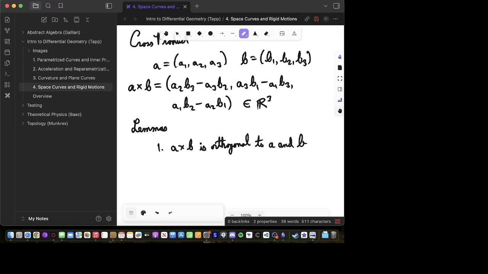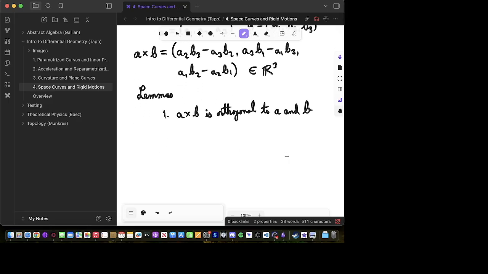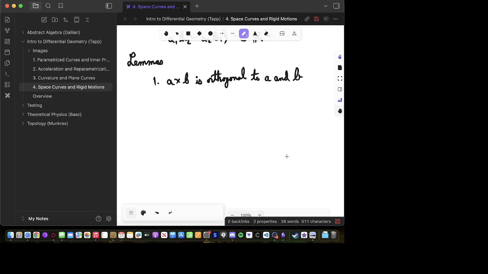So the first one is the cross product of a and b is orthogonal to a and b.